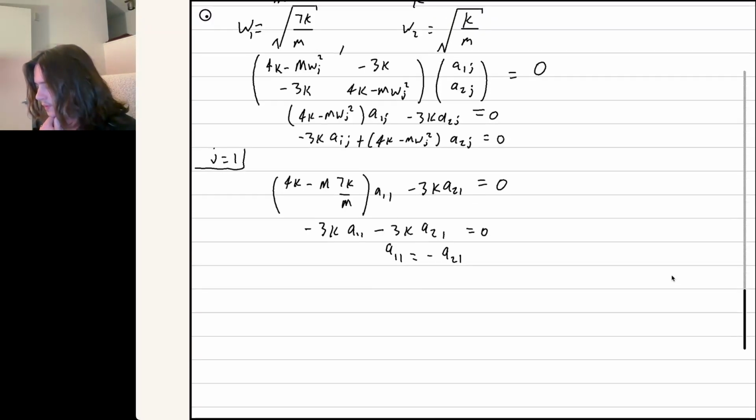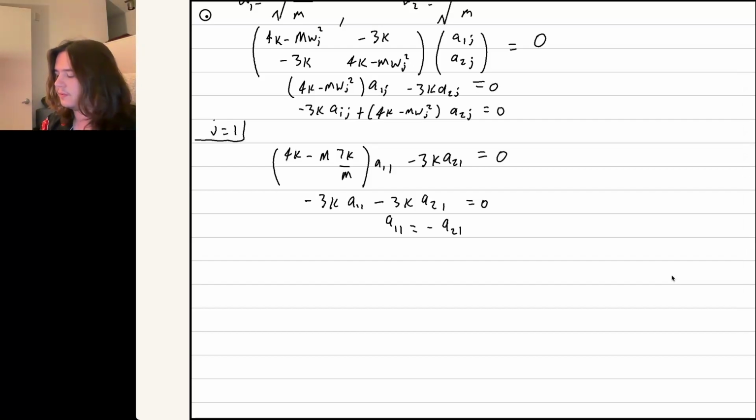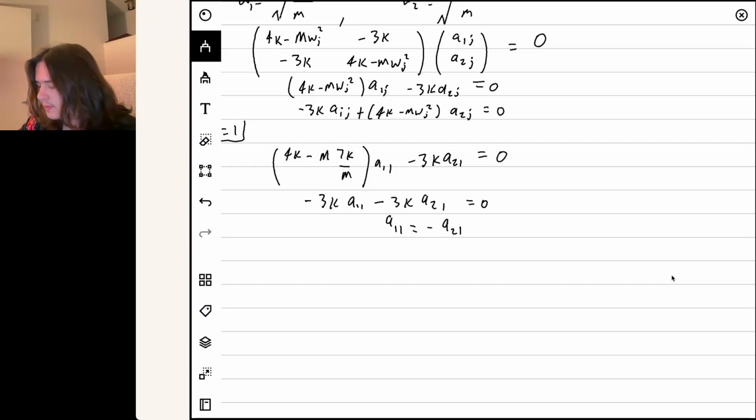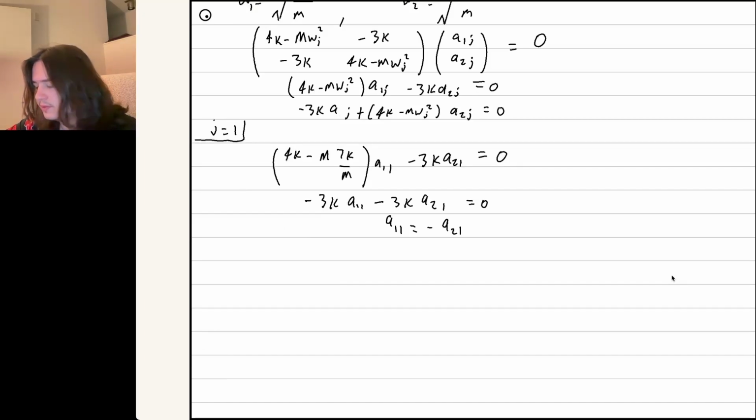for this eigenvector, and then when you plug that into the other equation for the eigenvector, you'll just find that one of the variables is free.